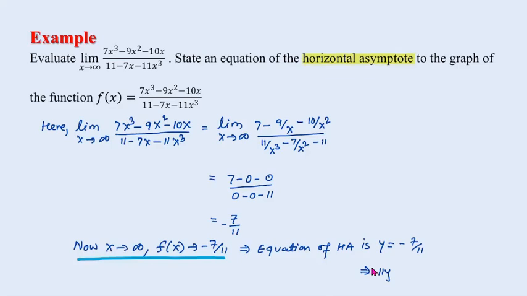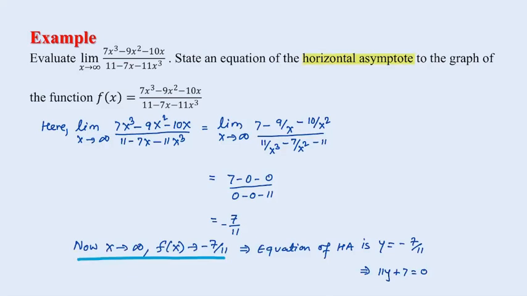And if we bring that on left-hand side, plus 7 equal to 0. So you can write the equation just like this, y equal to negative 7 over 11, or you can write it as 11y plus 7 equal to 0. So this is the best way for us to find the equation of the horizontal asymptote.